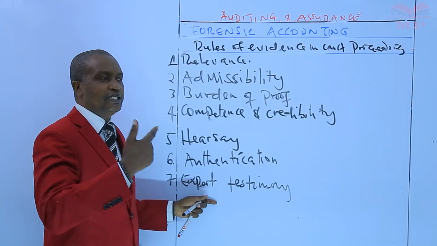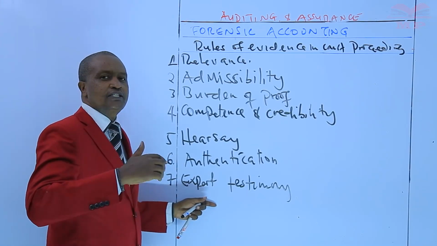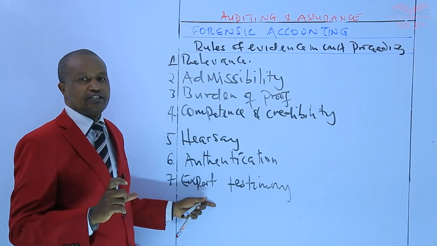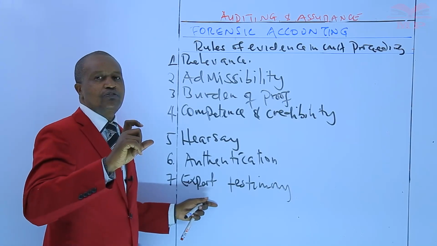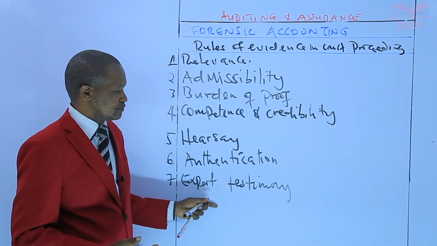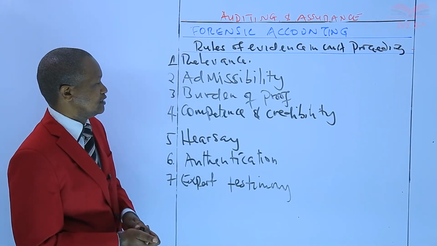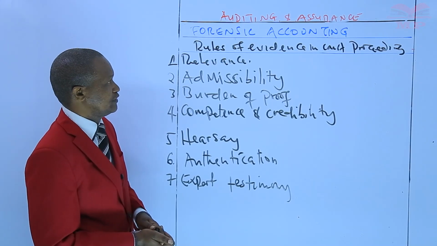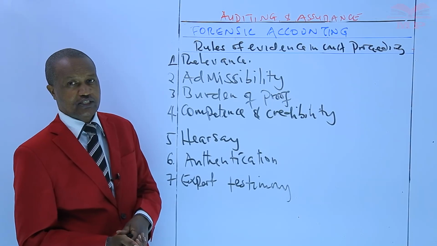So the admissibility of expert testimony is subject to specific criteria, including the expert's qualifications and the reliability of their methods. You understand? So these are some of the points in relation to rules of evidence in court proceedings as far as forensic accounting is concerned.